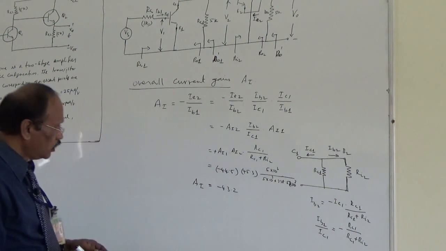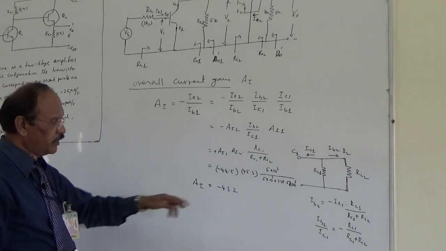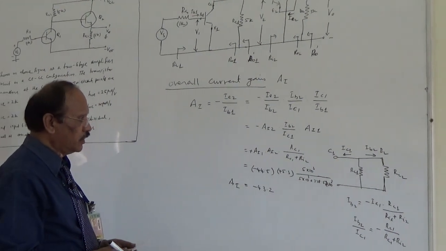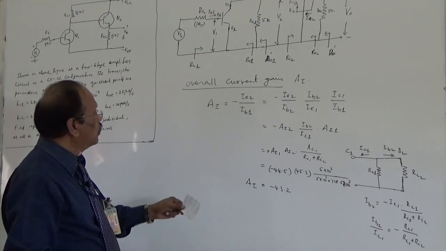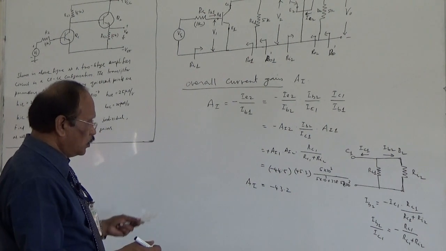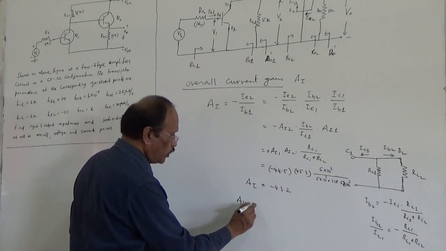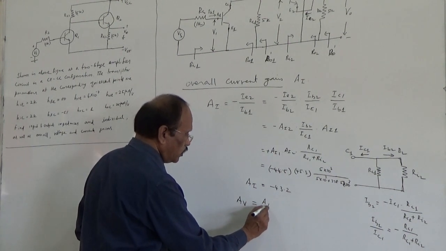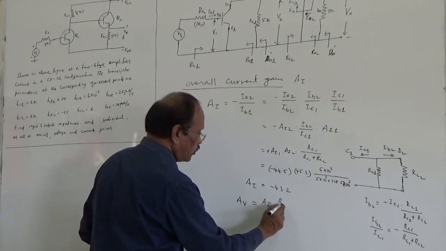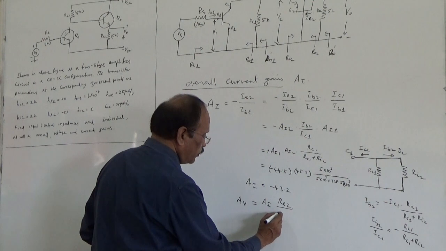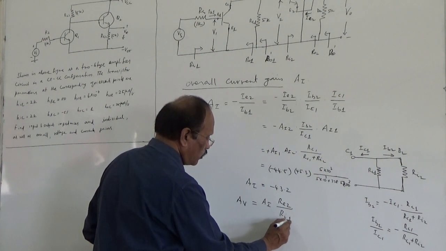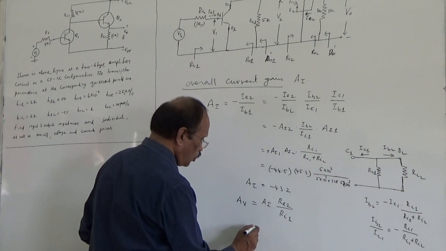Okay, so this is the overall current gain. We have got it. Similarly, you can determine the voltage gain. Overall voltage gain AV is given as AI into RE2 by RI1.